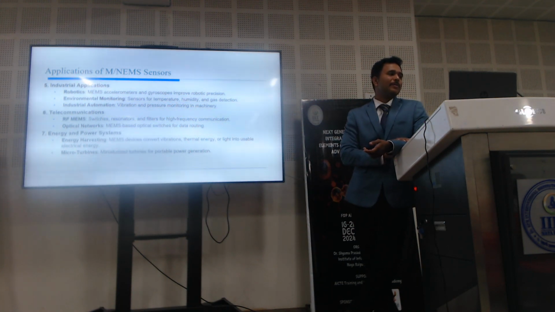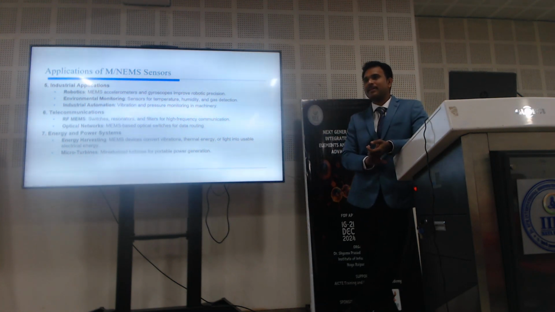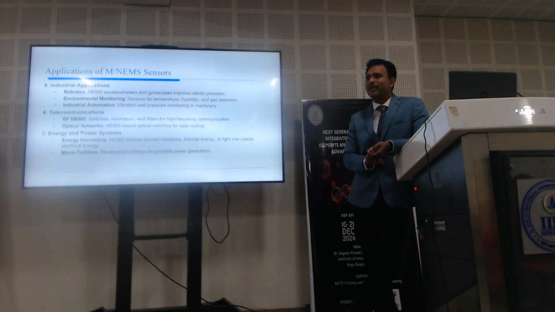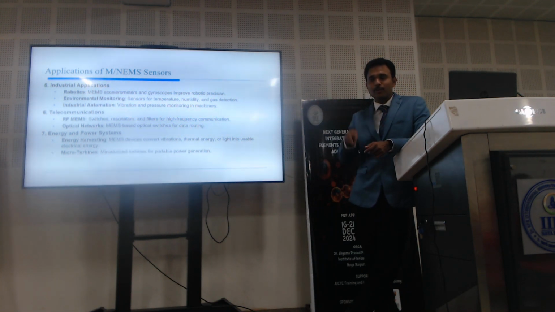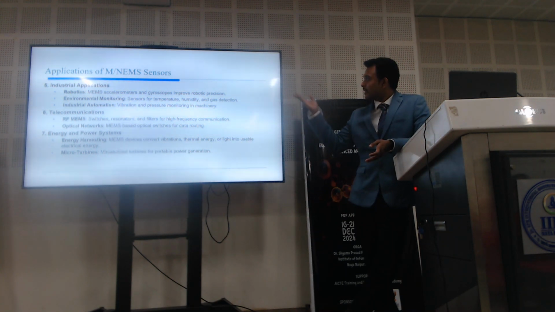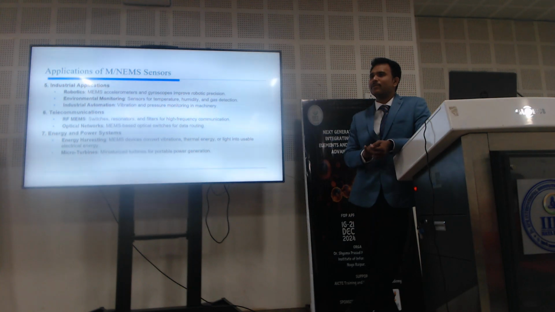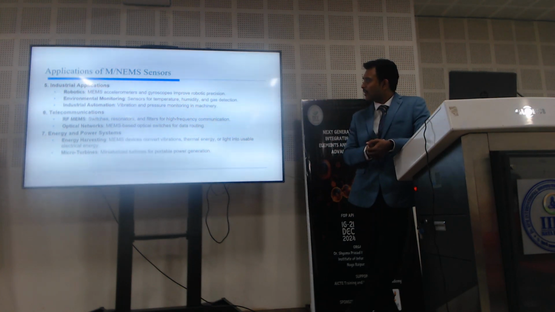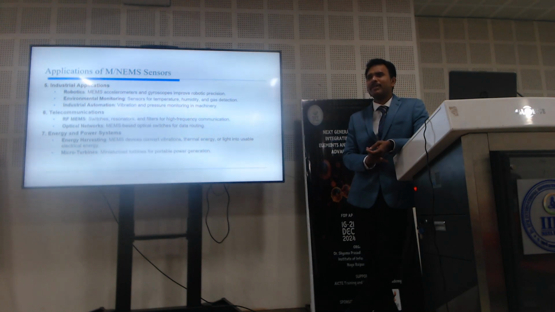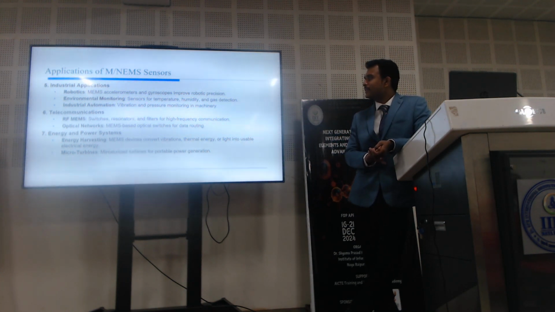Coming to the next, industrial applications: in robotics, generally we say it is an embedded system, but that embedded system should also work with our MEMS sensors only. And environment monitoring, whatever we measure, air quality, temperature, all come under that only. And vibration, pressure, whatever industry automation is happening nowadays is with the help of MEMS sensors only.